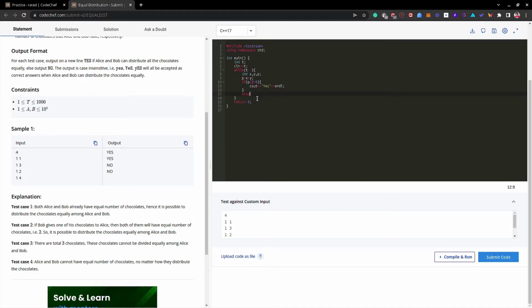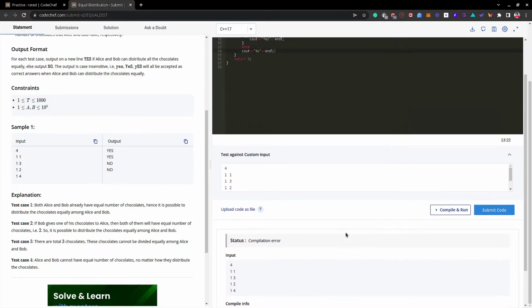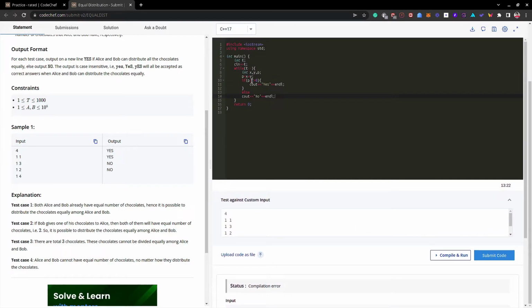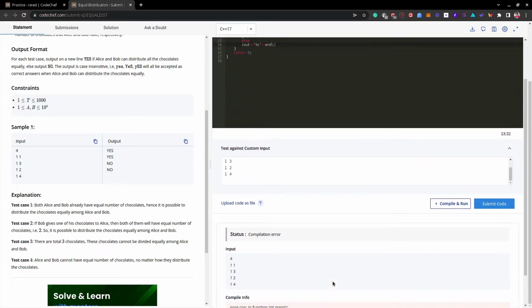I hope that's it, but it doesn't work like that. You will be getting so many problems here. They will tell you it's not correct, and you have to check the printing issues and comparisons. Okay, there is a problem. Compile info: error, lvalue required as left operand of assignment.